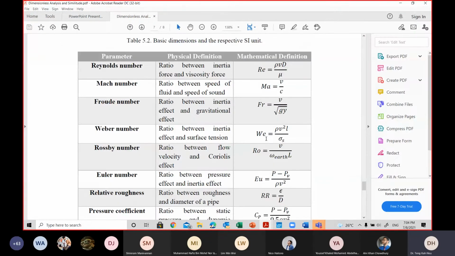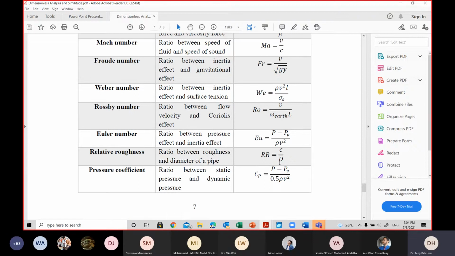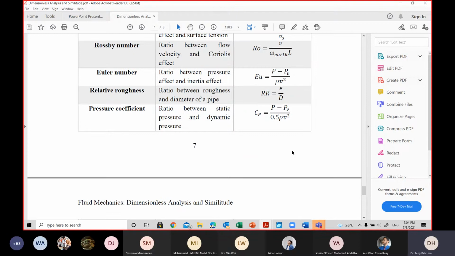Prove me your equation is We equal to rho V square L over, this is surface tension units, or this square root, or any form, half of it or whatever. So you need to do some modification to make sure you can comply with this format.